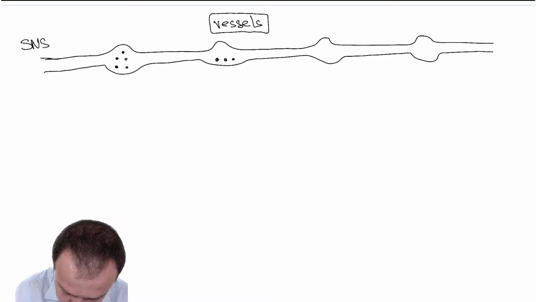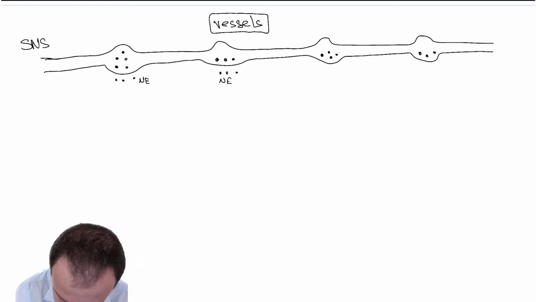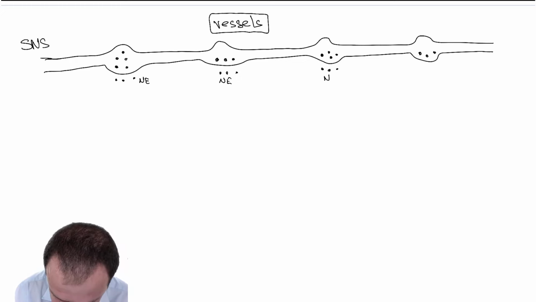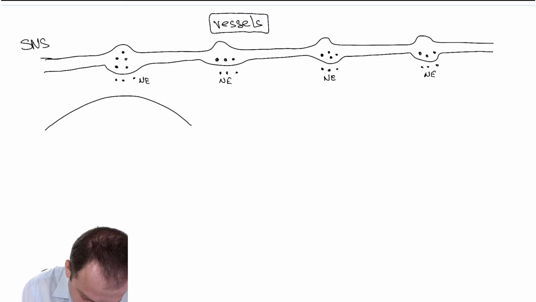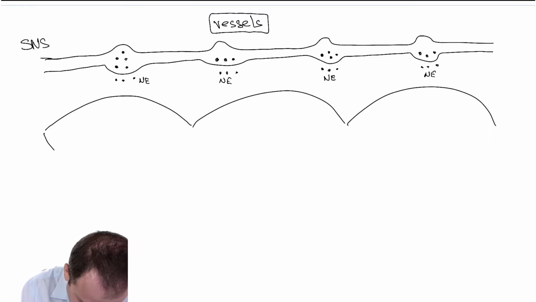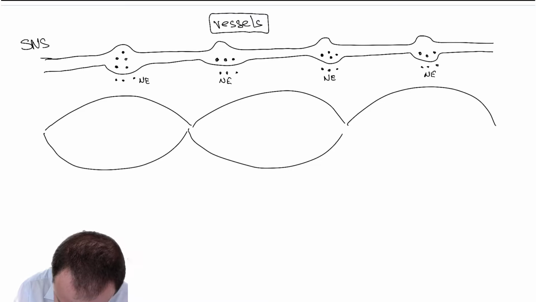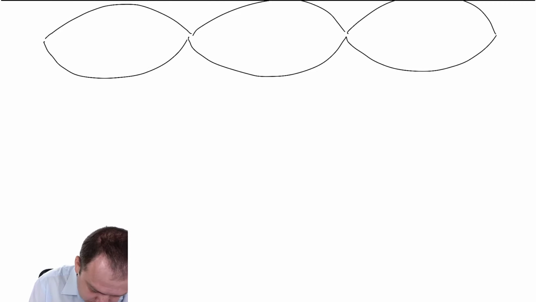They produce kind of this ampullae and release norepinephrine. So norepinephrine responsible for maintaining vessel tone. Norepinephrine. Also, we have smooth muscles in the vessels, right?